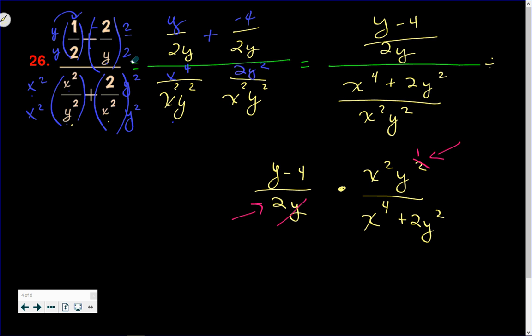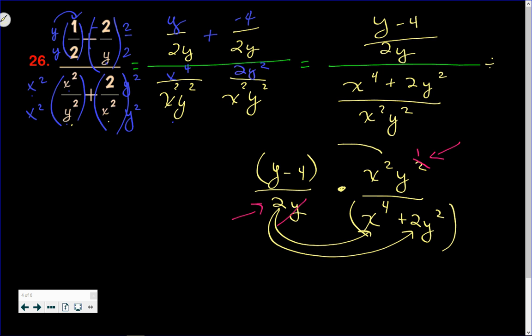Okay, now just multiply. I'm going to put that in parentheses because it is a binomial. 2 times that, 2 times that, and then you got this times that, and that times that. So the first one, x squared, y to the first times y gives me what? X squared, y to the second power.